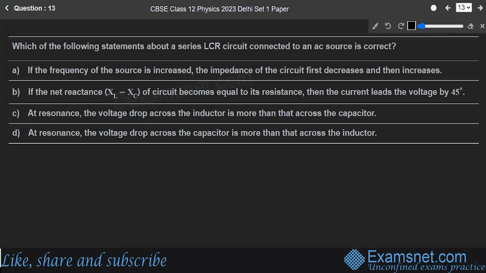See, if the net reactance, that is XL minus XC of a circuit, becomes equal to the resistance, then the current leads the voltage by 45 degrees. This is the right answer. Let's go for the explanation.